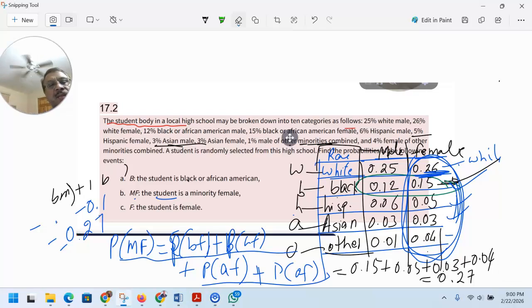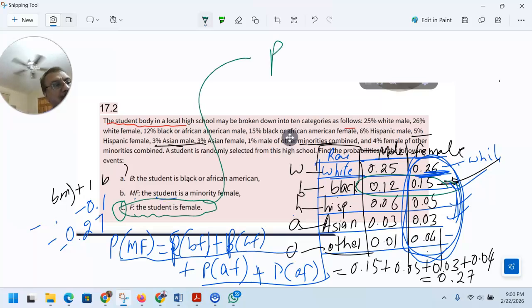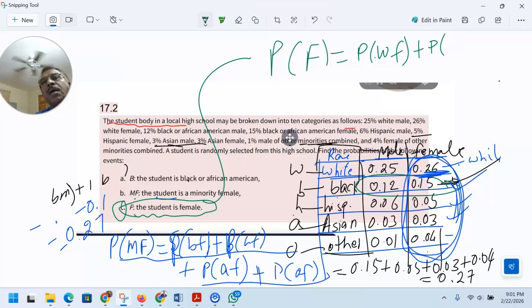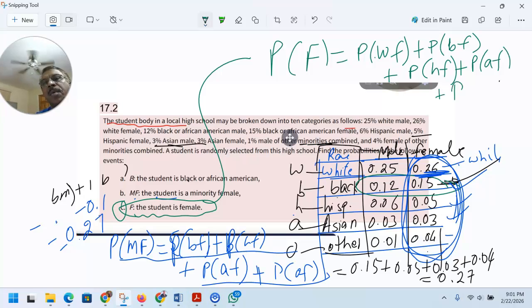The last question, C, is what is the probability that the student is a female? So the probability that a student is female could be the probability of a white female, plus black female, plus Hispanic female, plus Asian female, plus other females.